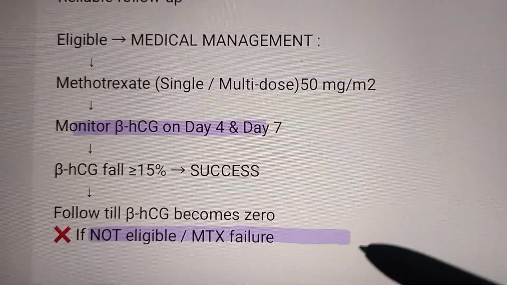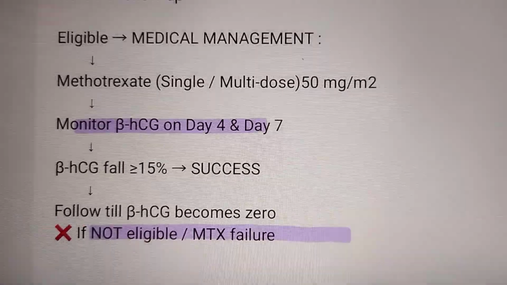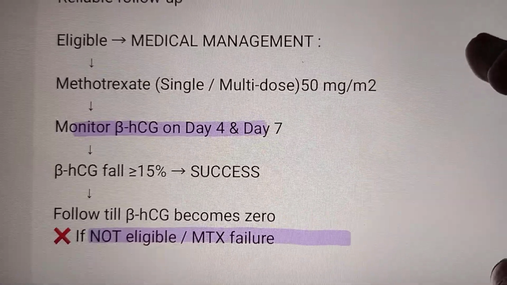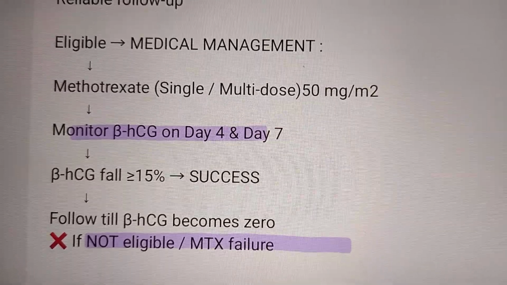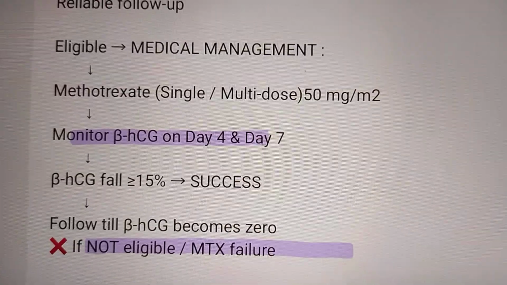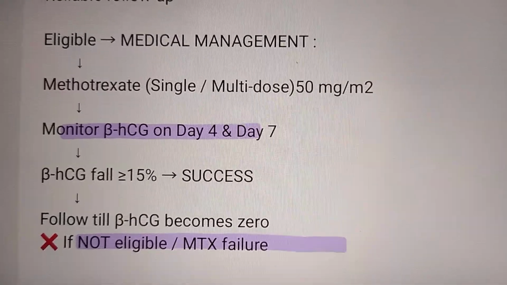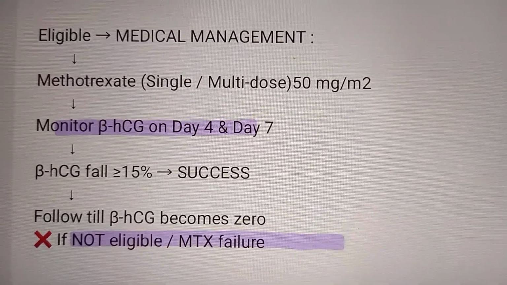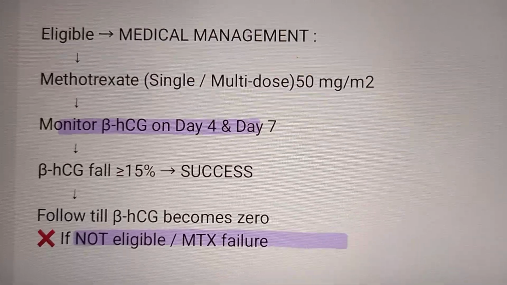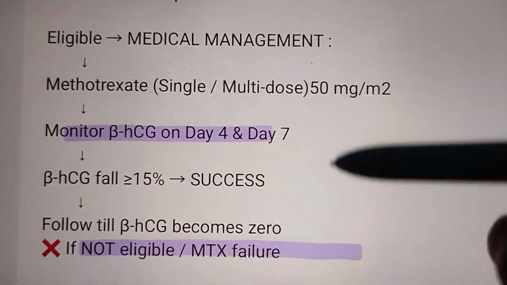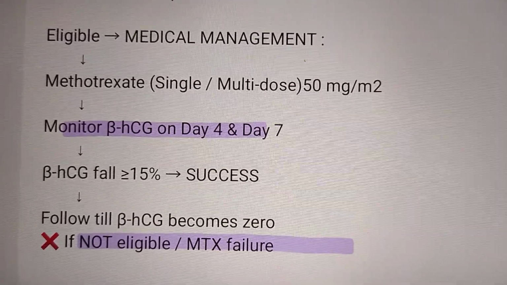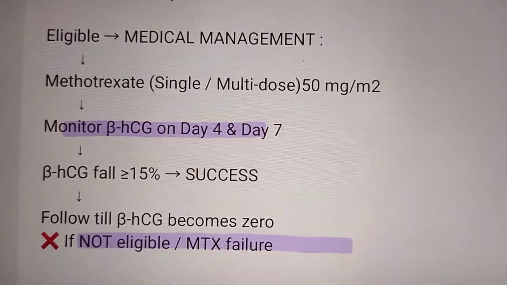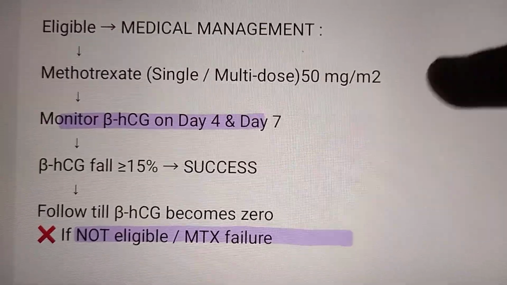If the fall in beta HCG is more than 15%, then it is successful, and if not, meaning it is less than 15%, then we again give methotrexate injection and check on day 1, day 4 and day 7. If again it is less than 15%, then we follow surgical management because of failed medical management.